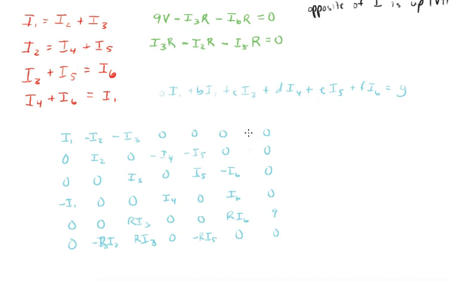And if you don't know this method, you might want to look into it. Then we can look at this matrix. If you don't know the rules here, you can take any single row, or any multiple of any single row, and add it to any other row.